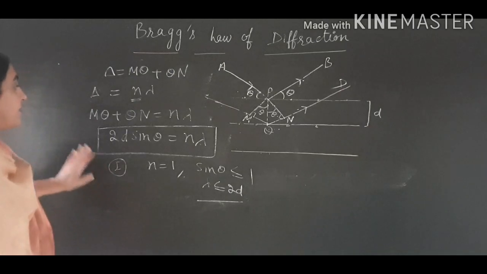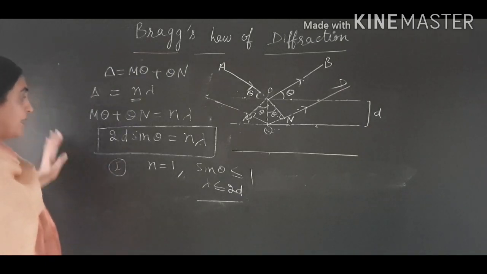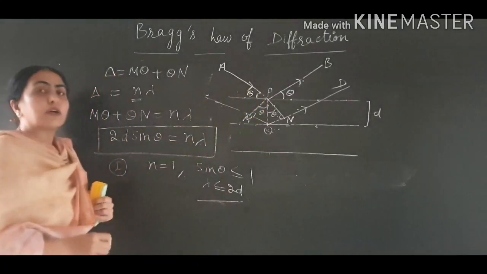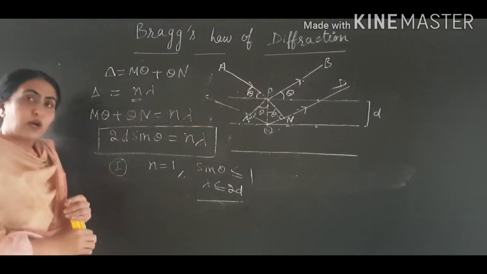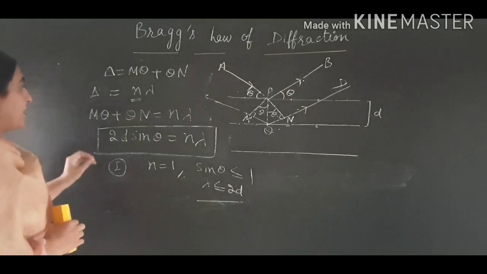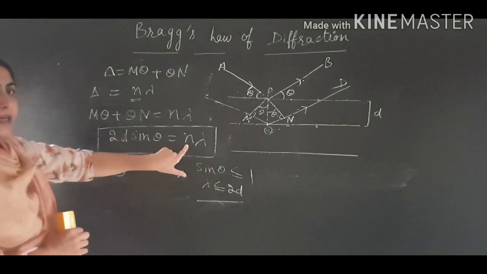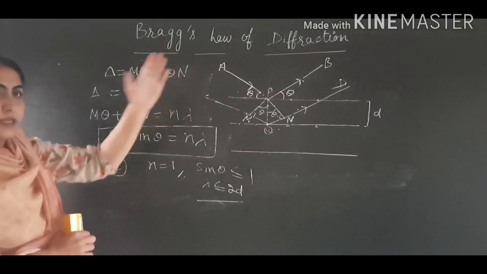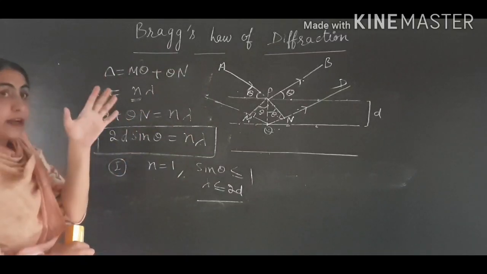Then the point comes that this angle theta is also called the glancing angle. Then when n increases, what about the intensity of the diffracted light?